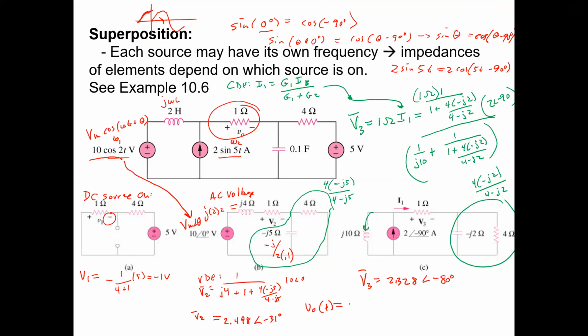It's going to be minus 1 plus 2.498 cosine of 2T minus 31 degrees plus 2.328 cosine of 5T minus 80 degrees. Okay, so that is the superposition.